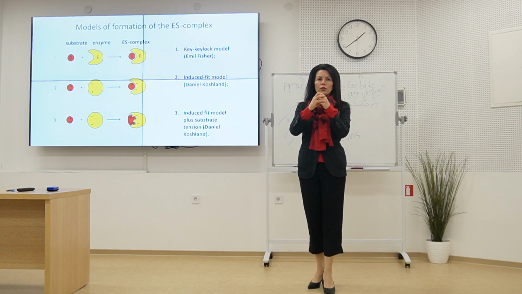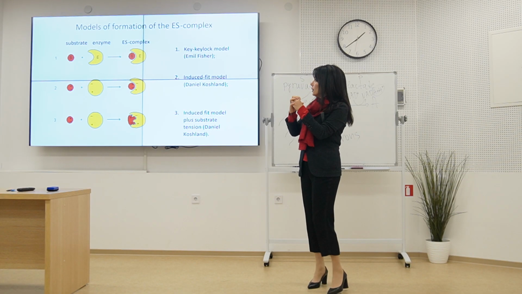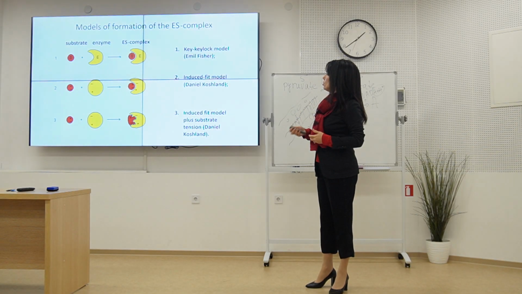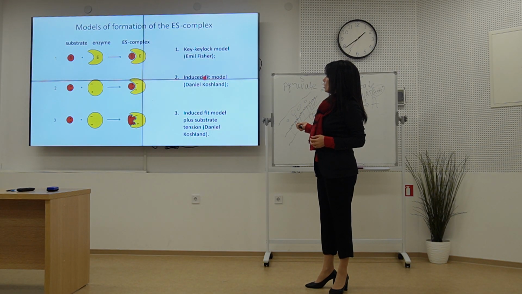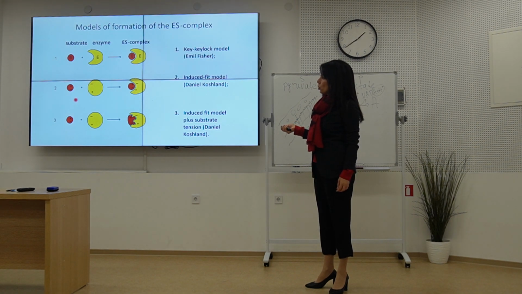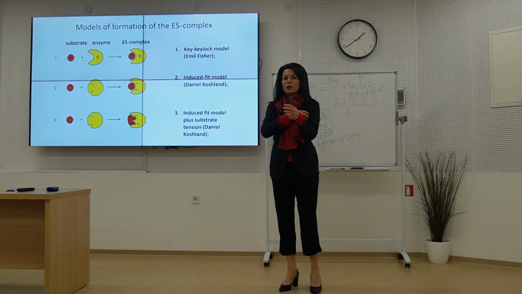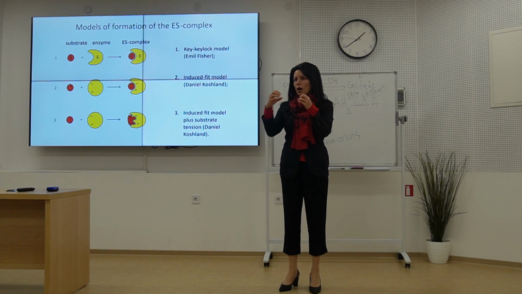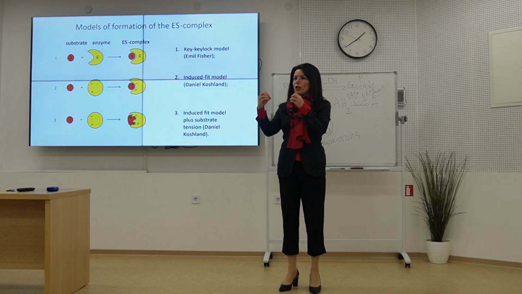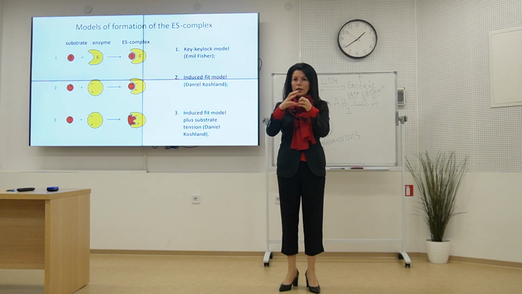No change in either of them. The second model is called the induced fit model, or the Koshland model. This model shows that if the substrate and the enzymes are both globular, after their contact there is changing only of the enzyme. Enzyme is changed only. This is the second model.